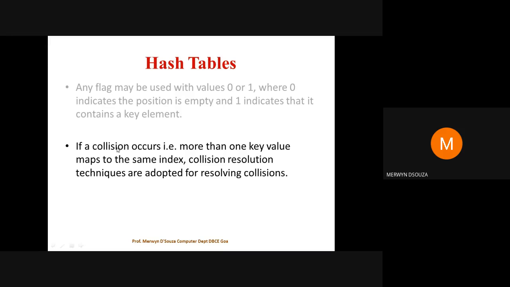When you store data in a hash table, a concept known as collision occurs. Just like in normal life, why do we say a collision occurs? Because two vehicles happen to reach the same spot at the same instant.